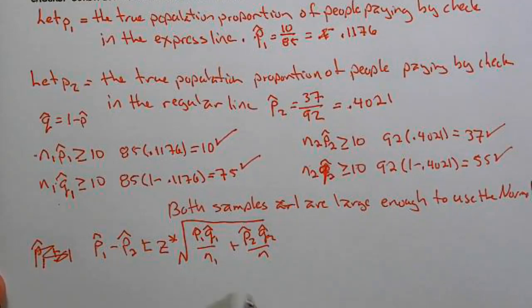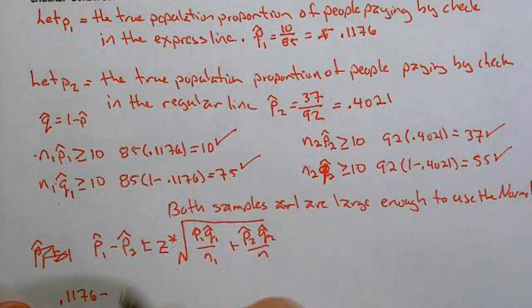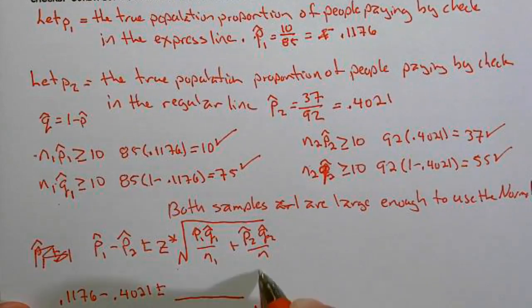All right, so I'm going to start plugging in below this. We already said P hat 1 is 0.1176, minus 0.4021 plus or minus Z star. We'll leave a space for Z star and calculate that separately.